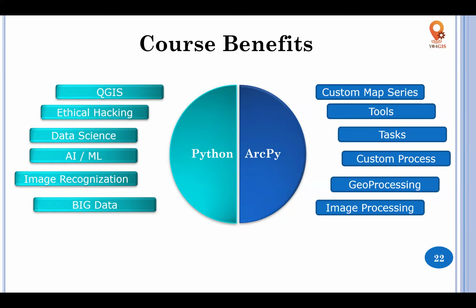You can use the same Python in image recognition software. You can use Python in data science, in QGIS customization, and in ethical hacking. The same Python that you have learned you can use in many different domains, because as you know, Python is a general purpose language.